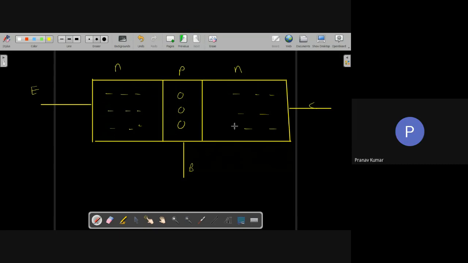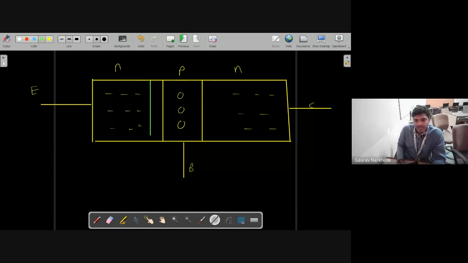Now listen, if we join N and P, what will form? A depletion region will be formed, right? So there will be one depletion region at this junction.